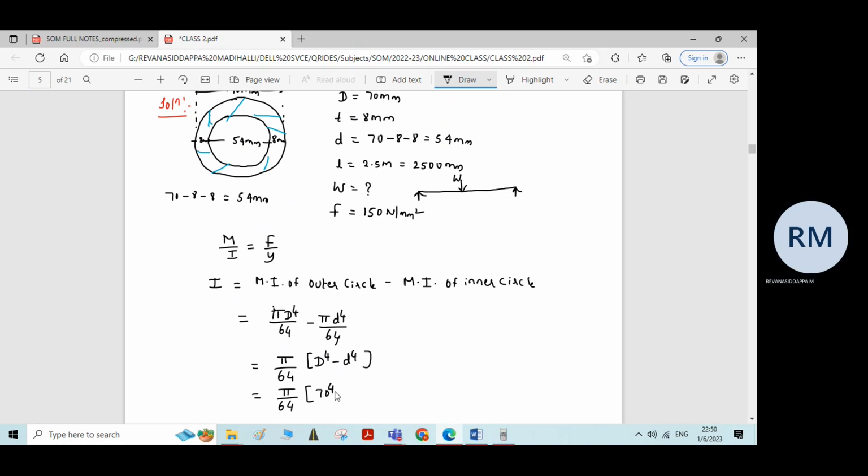Substitute pi by 64 into 70 to the power 4 minus 54 to the power 4.